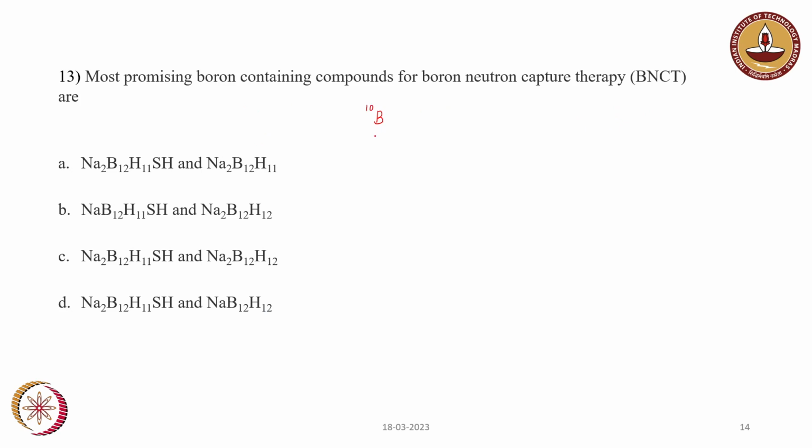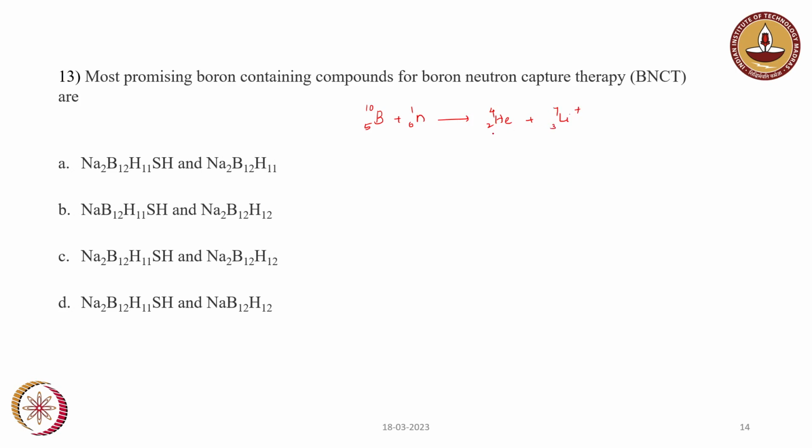boron compounds which preferentially bind to tumor cells. And when we irradiate with neutrons, the B10 undergoes nuclear fission and produces a helium nucleus and lithium nucleus. And this process liberates very high energy. So the reaction will be B10 plus 1 neutron giving helium plus lithium ion.